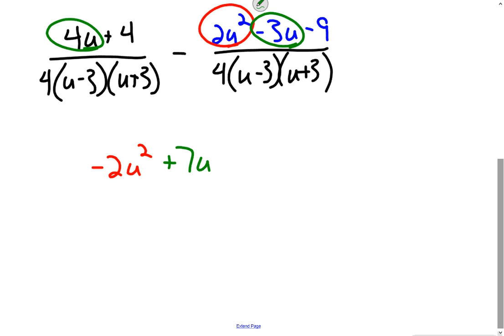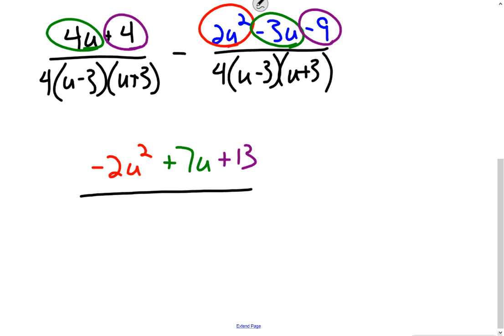And then I look at my constants. I have a 4, I have a negative 9. 4 minus negative 9 is going to be plus 13. And then that's all going to be over 4u minus 3, u plus 3.